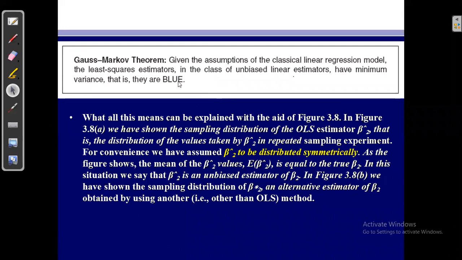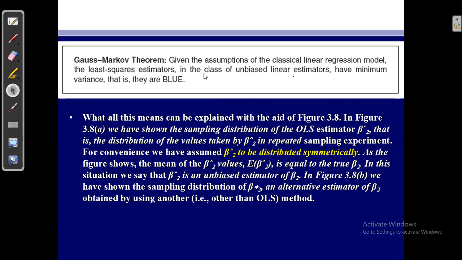So what I just wanted to say is like this, that BLUE property, best linear unbiasedness property, is a single most strongest reason why OLS method is such a preferred method in regression theory, right?